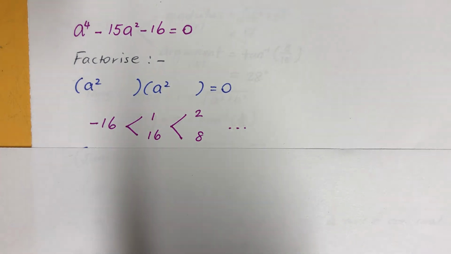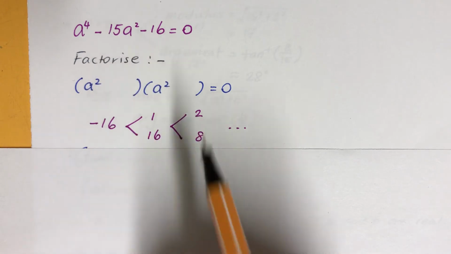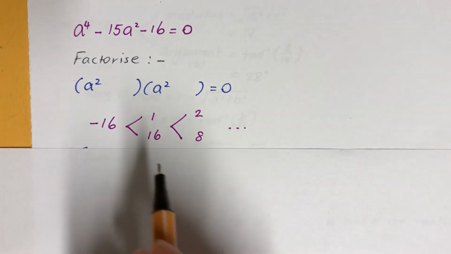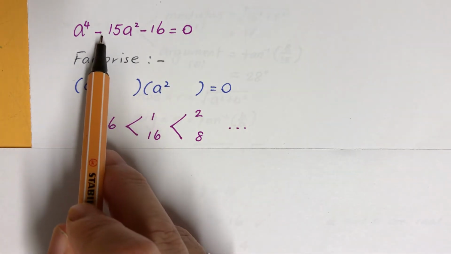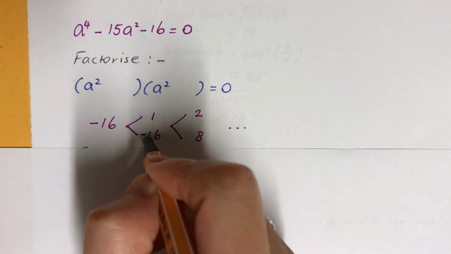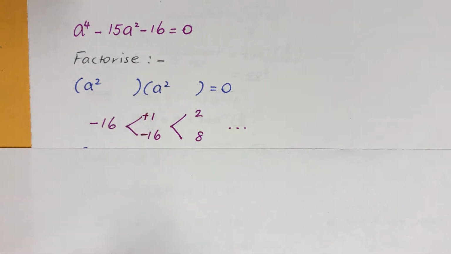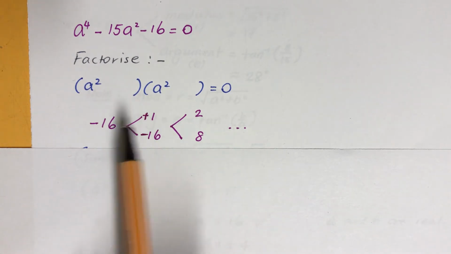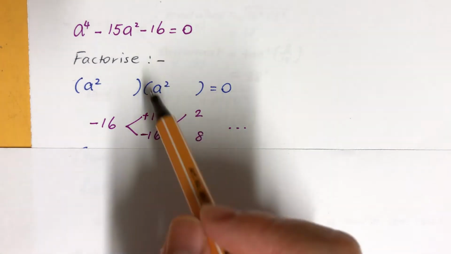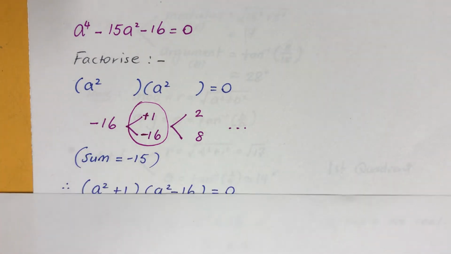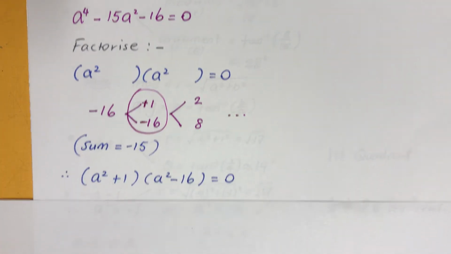But to get minus 15, I know 1 and 16 can do a good job. I want the sum to be minus 15, so I'm going to make that a minus and that a plus. When I add them together, I'll get minus 15. When I times them together, I'll get minus 16. So that is my factors. If I put that in, I'll get that.